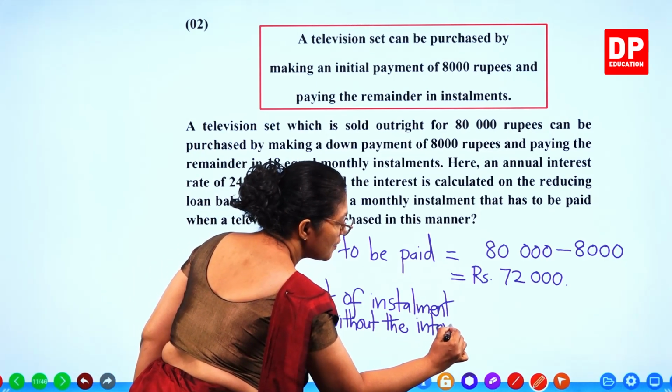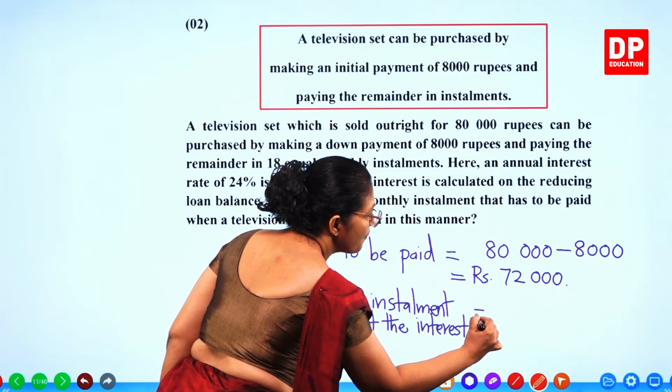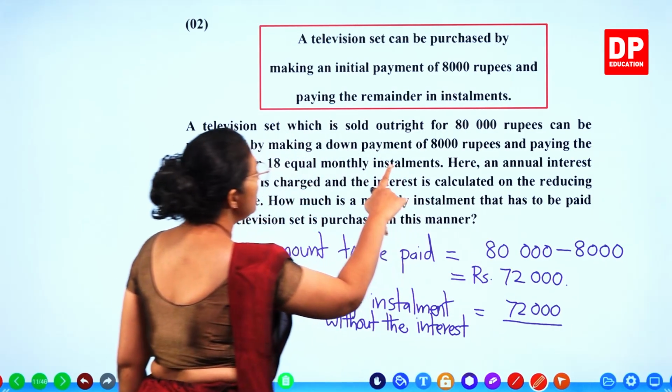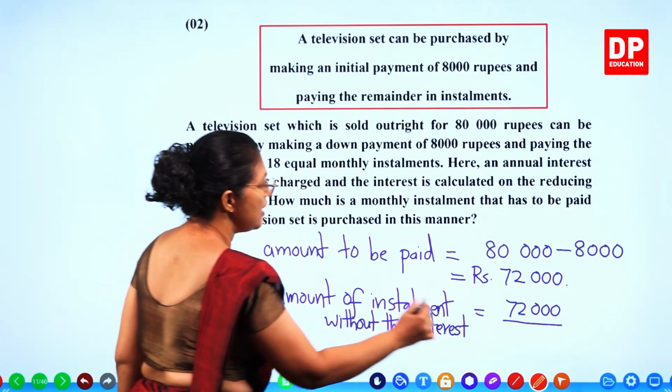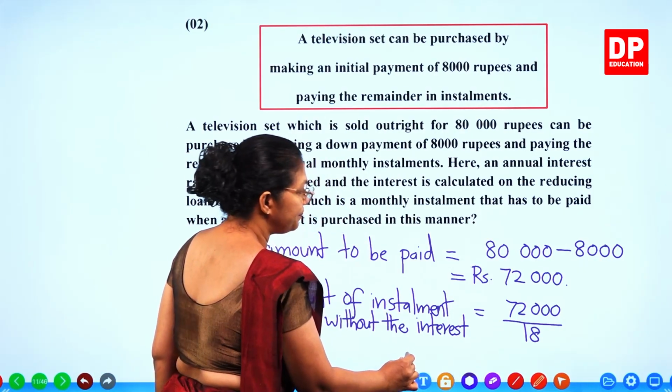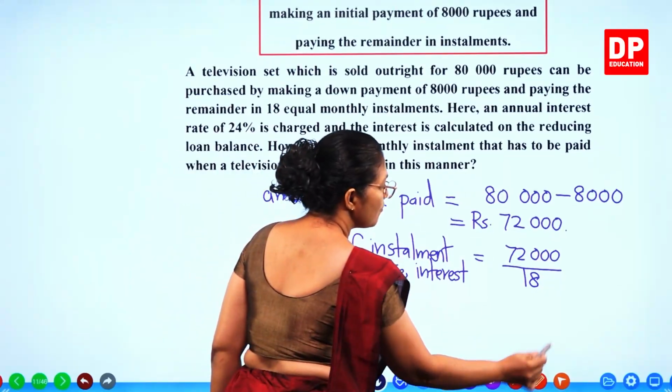What's the amount? 72,000 you have to divide by how many equal installments? 18 equal installments. So divide by 18. What's the value?